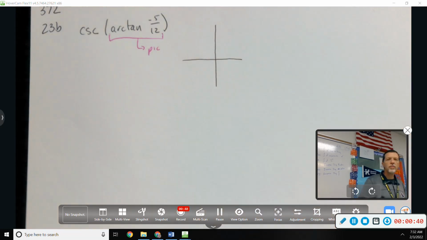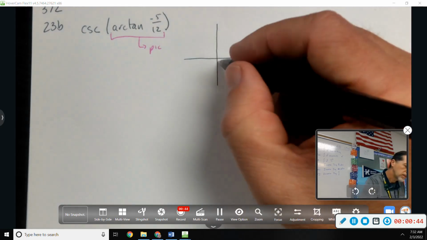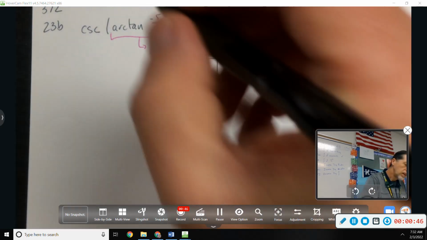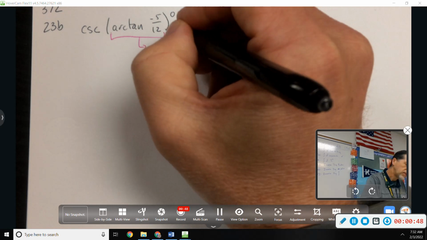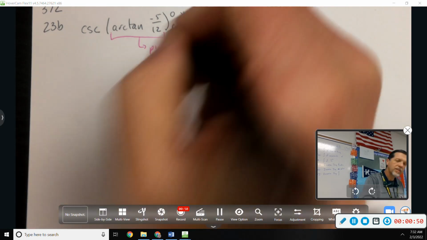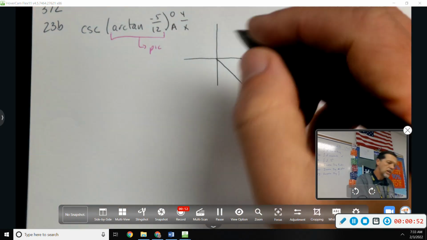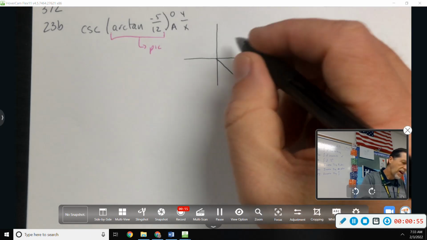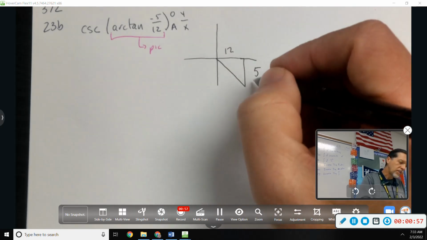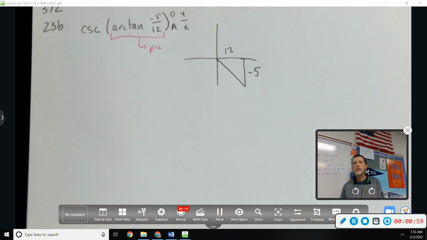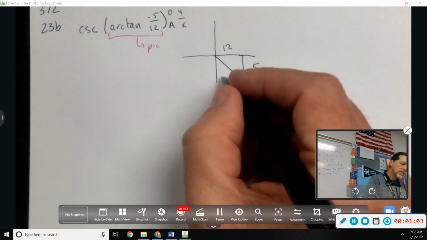Arctangent has to come from 1 and 4. So if it's negative, it'll be in the fourth quadrant. Let's see, opposite over adjacent, or y over x, either way. So opposite is 5, adjacent is 12. The 5 is down, so that's the negative one. It's a 5, 12, 13 triangle.